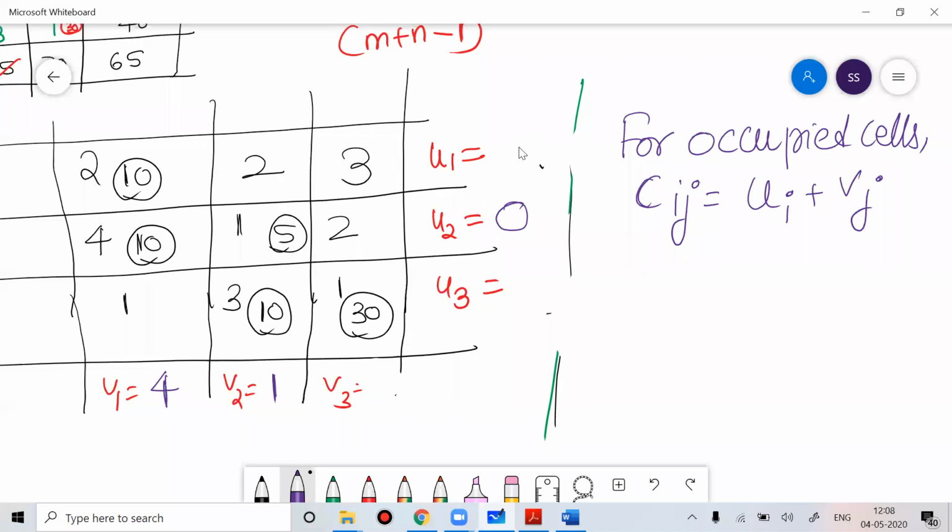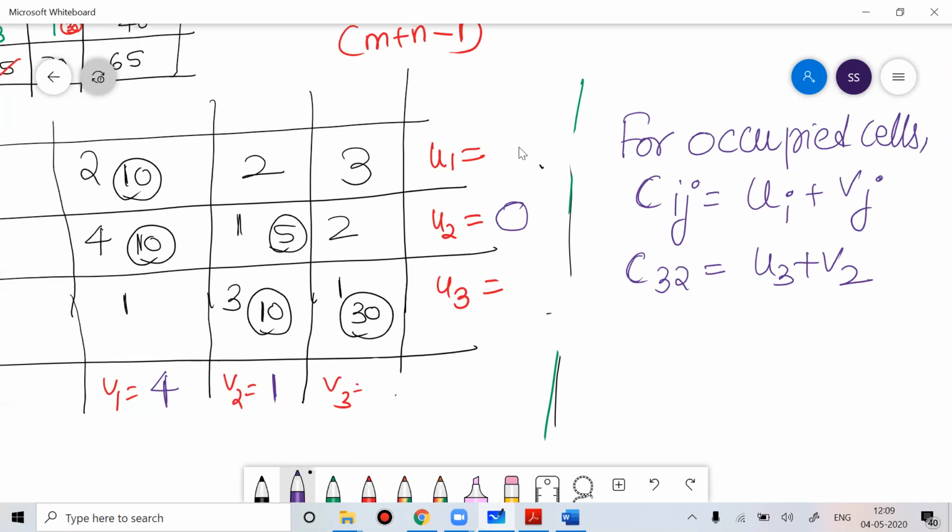Based on this, what I can do, I can write C32 equal to U3 plus V2. Once I get the value of V1 and V2, I can find all the other values. So if I have V2, I can find U3.